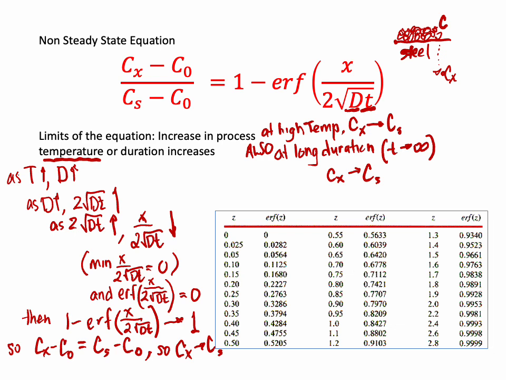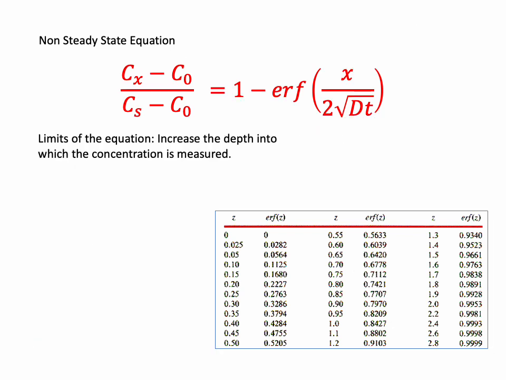Okay? The other extreme is if we're looking at the depth. If we increase the depth into which concentration is measured, that depth is x. So as x increases, x over 2 square root Dt increases. And if x over 2 square root Dt increases, that's the value in this case of z, then error function of it approaches 1.